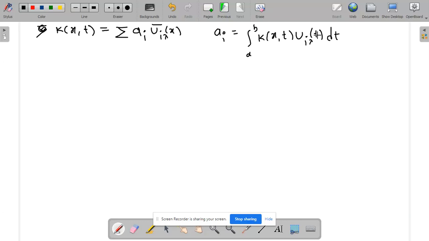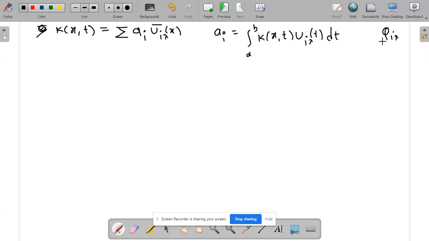Now if you observe this ai, the ui λ are the eigenfunctions, because we started with φ1, φ2, φn, φi of λ, which were the eigenfunctions corresponding to λ. Then we constructed the corresponding orthonormal set.